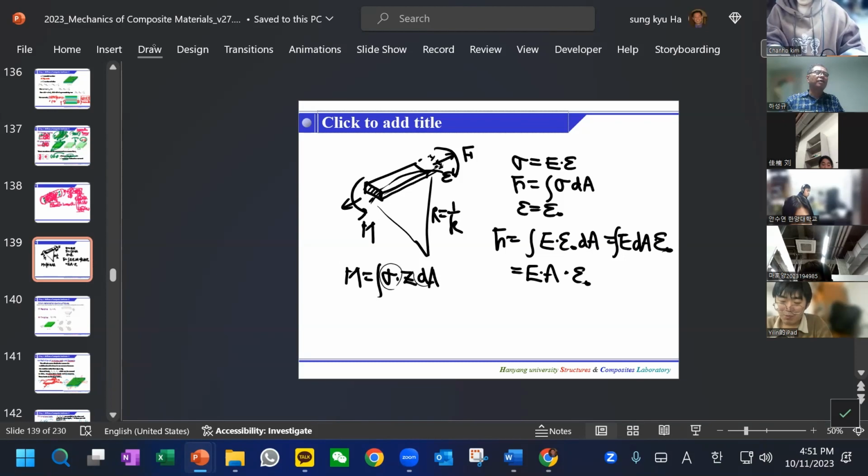Stress times A will be the force, and we need to multiply by Z. Usually we have a cross section like this, and we have a stress, and then we multiply by Z. This is the stress times A.